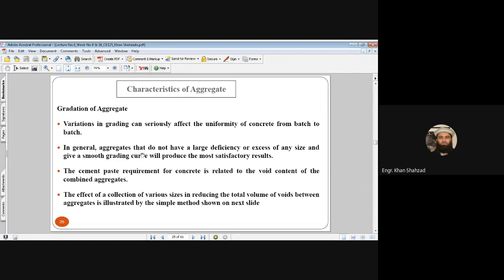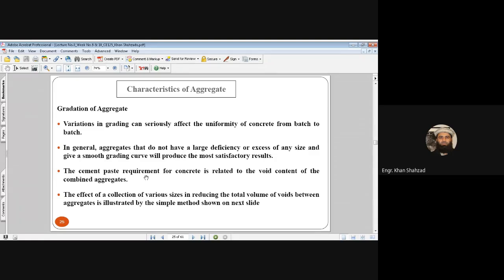In general, aggregates that do not have a large deficiency or excess of any size and give a smooth grading curve will produce the most satisfactory results. As I told you, there are well-graded, poorly graded, gap-graded, and uniformly graded aggregates. Out of all these, the best one is the well-graded aggregate, because it has the higher size, the medium size, the intermediate size, and the finer size.